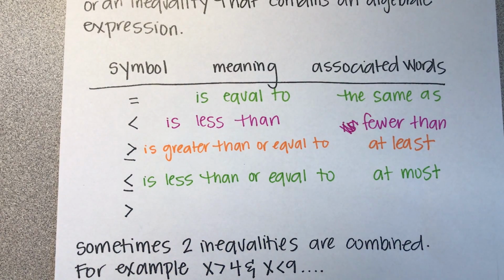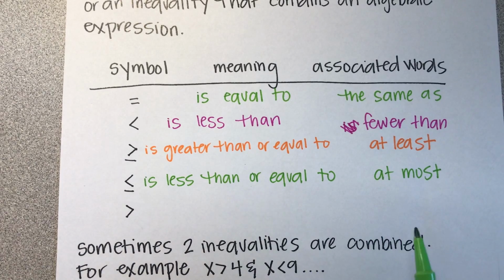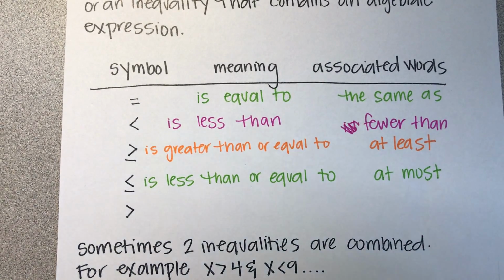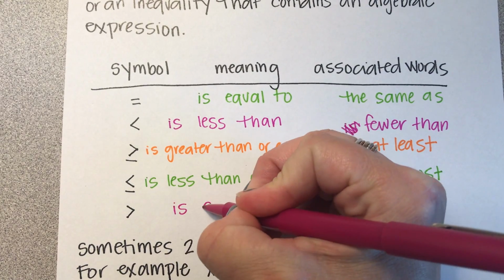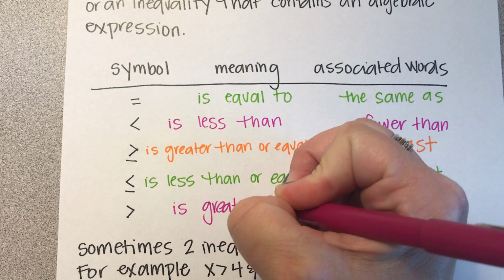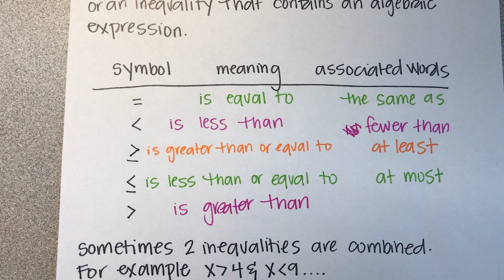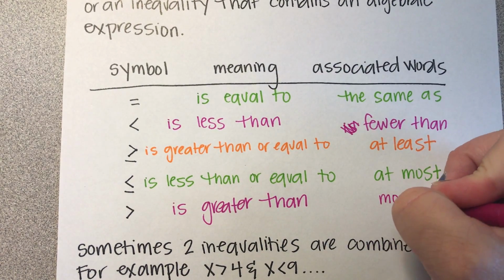For example, if you can have at most 7 animals at your house, that means you have to have something that is less than or equal to 7 animals at your house. And this last one is greater than, which stands for more than.